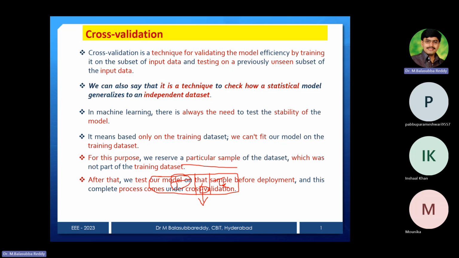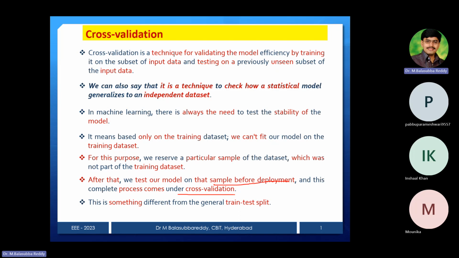Now we'll see that after that, we test our model on the sample before deploying the model. Once the model is tested, instead of directly deploying the final version of the model, we have to process it under cross validation. So we'll see what cross validation is, something different from the training testing split.